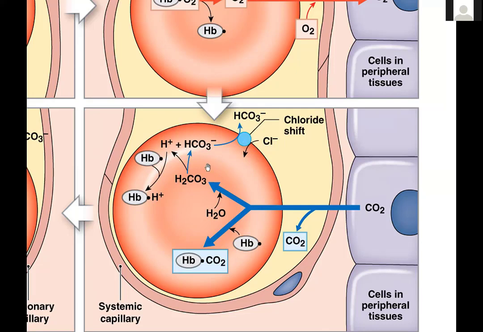Here's the rub. Cells, all of your body cells, not just neurons, not just muscle cells, all of your body cells work hard to be more electronegative on the inside than the outside. And this is for a variety of reasons, most of them related to membrane permeability and transport. So if we want the bicarbonate to be out here in the plasma, if it were to just be leaving in droves, this cell would be hemorrhaging negative charge.